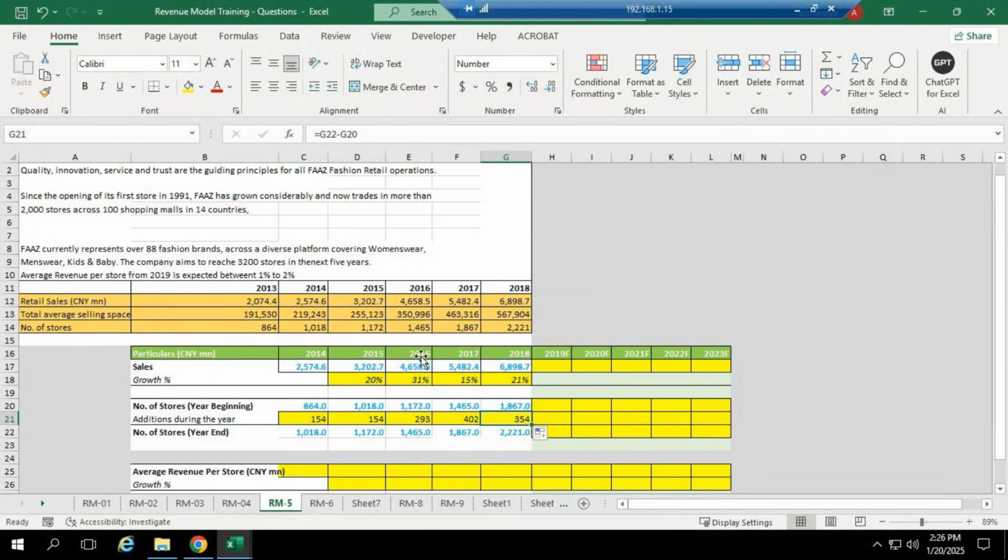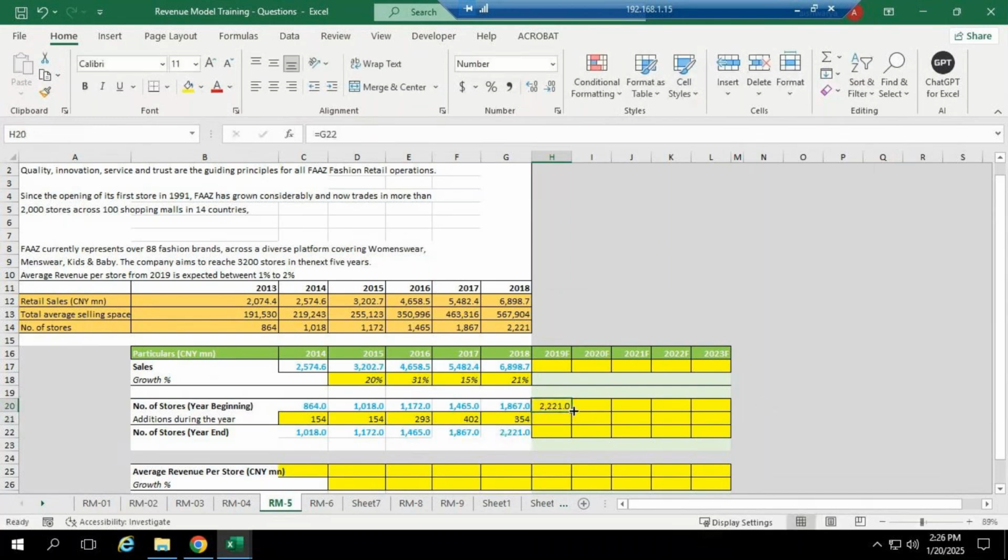Okay, so now the company aims to reach 3,200 stores in the next 5 years. That means the number of stores at the year end of last year will be this year's year beginning, right? So that's why is equal to this value, then press enter.